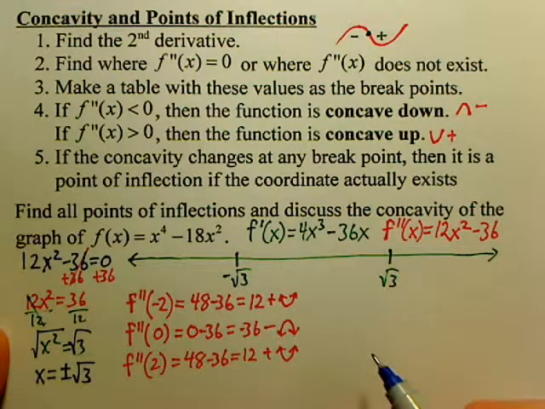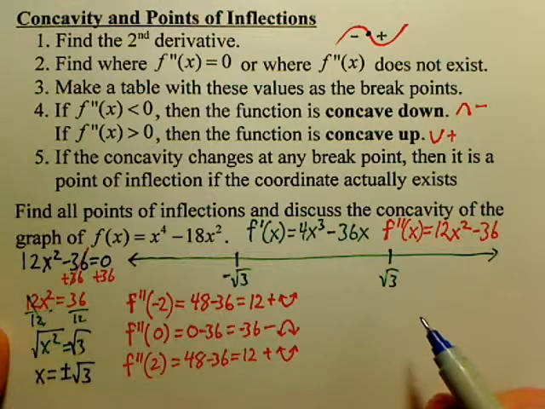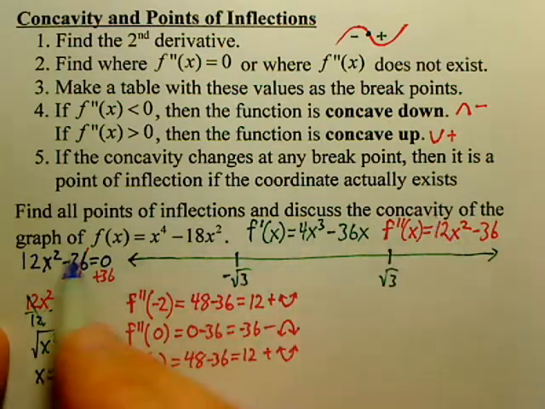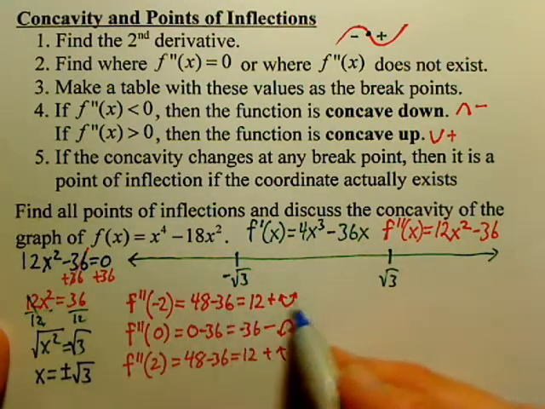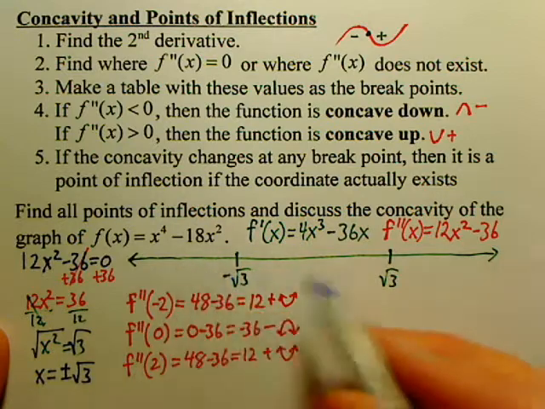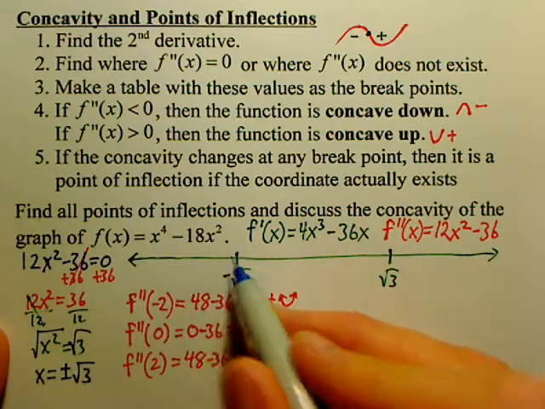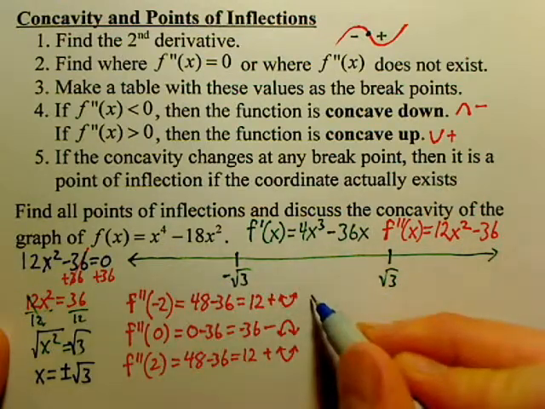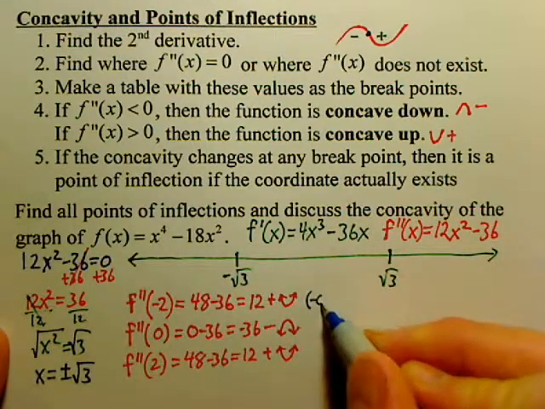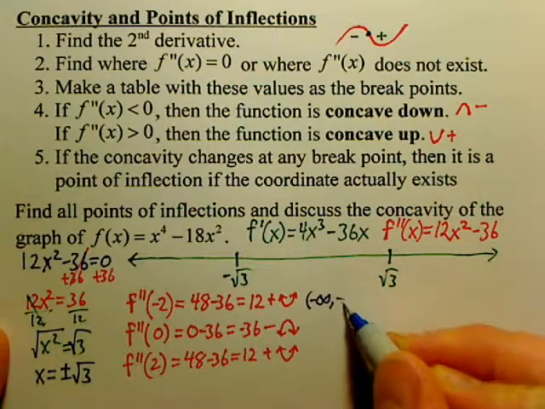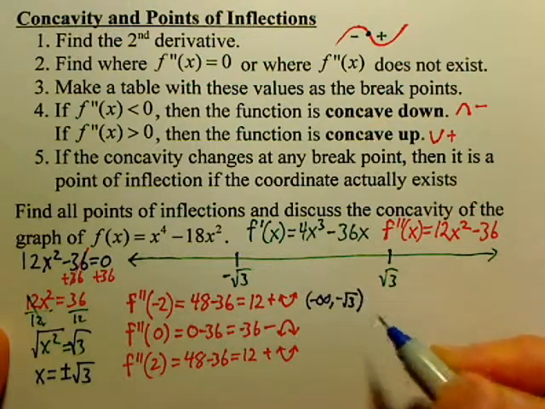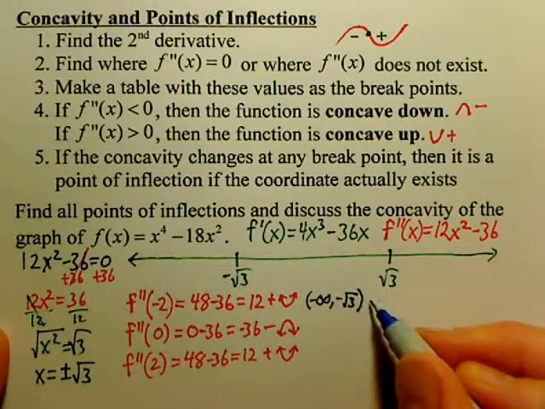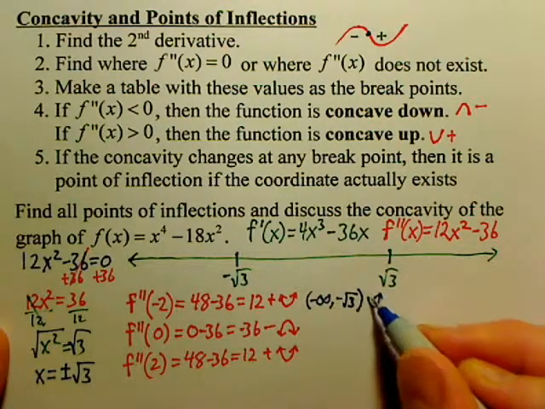All right. So here we go. We want to find our points of inflection. But before we do that, the question asks to discuss concavity. So for this first interval, from negative infinity to negative square root 3, that interval is concave up.